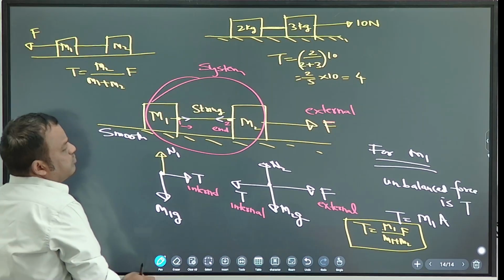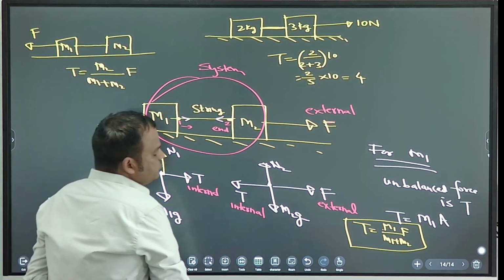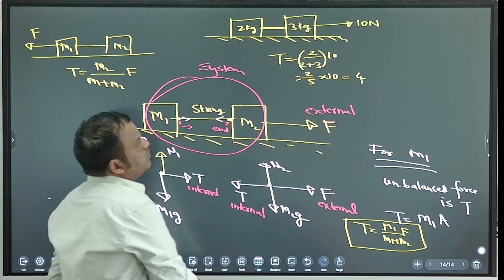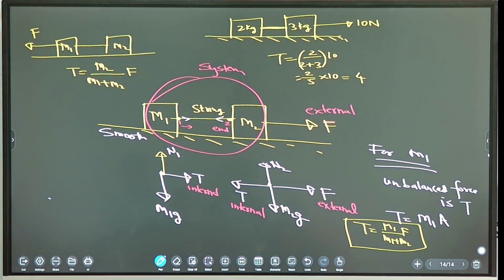Next is 3 blocks. Note down. There's 2 blocks over. Now 3 blocks.